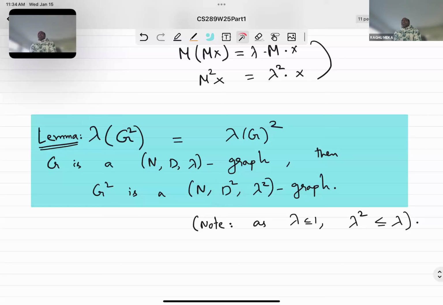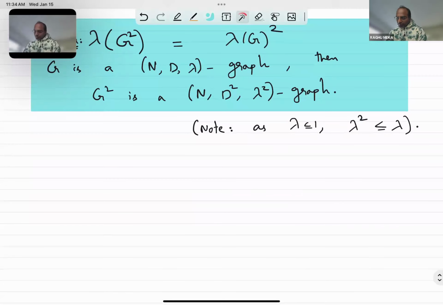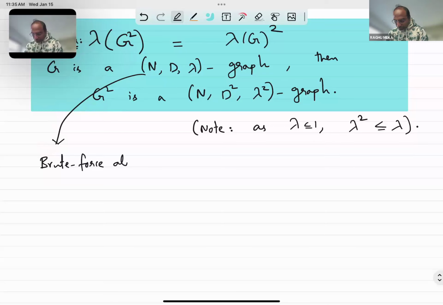So let's see if this is a trade-off that is worth making. Is it giving us a win? In what sense would it be a win? So here, the brute force algorithm has space, which is log n, which is fine.